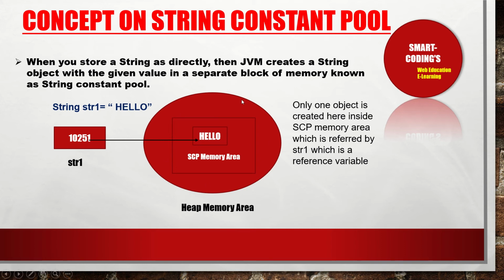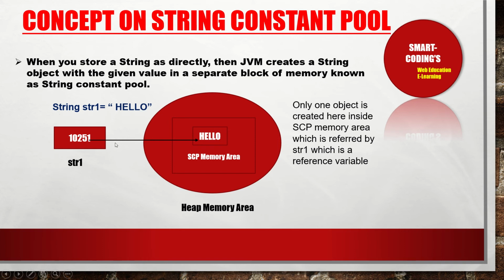Now, inside the heap memory area, there is a separate memory area called the SCP memory area, where all the strings are stored. Whenever we create a string object like str1 using the String class directly, without using the new operator, it is created inside the SCP memory area.